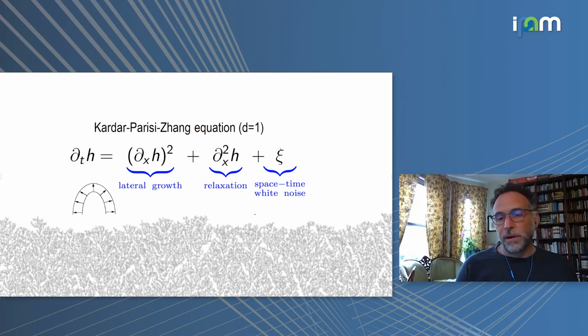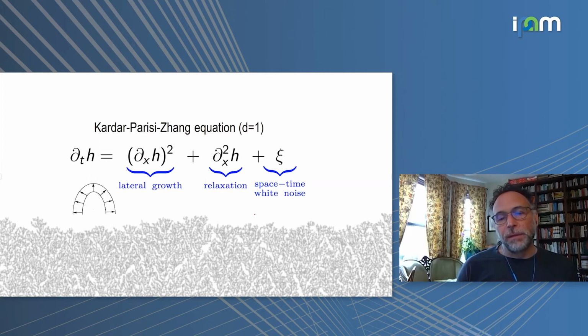So let's start from the right. There's a forcing term, which here is given by space-time white noise. If you don't know what space-time white noise is, you should just think that this is being given a random kick at every space-time point.